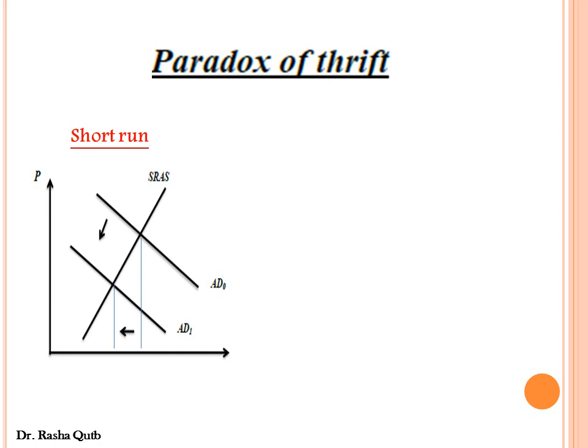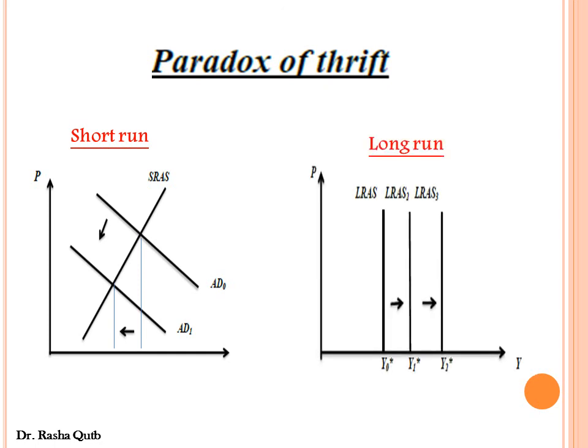We can think of it another way: when saving increases it affects investment, and when investment increases, through the multiplier, the level of national income would increase. Graphically, the long run aggregate supply curve would shift rightward, causing a permanent increase in the level of GDP.